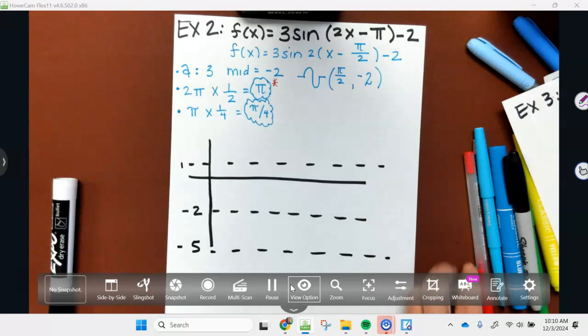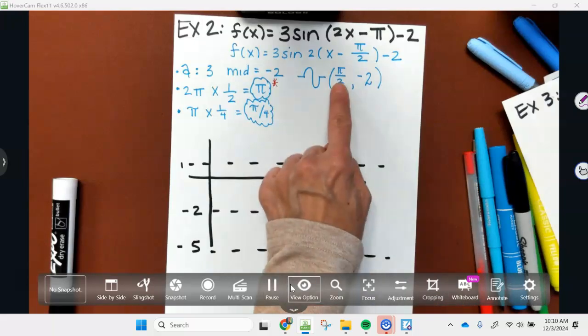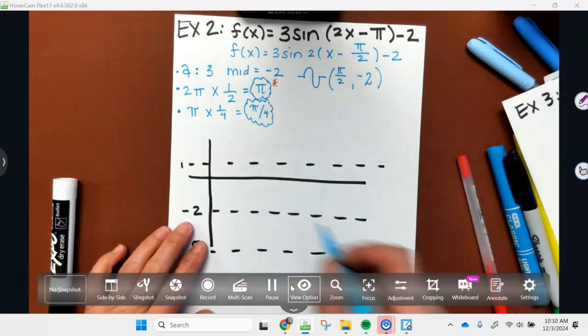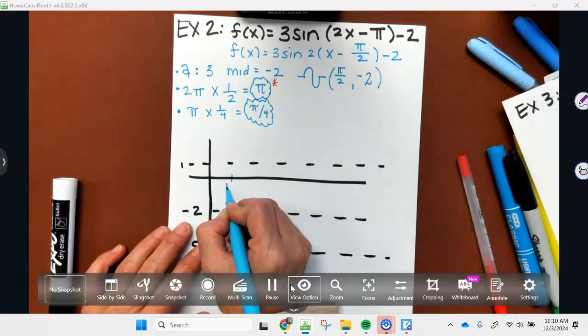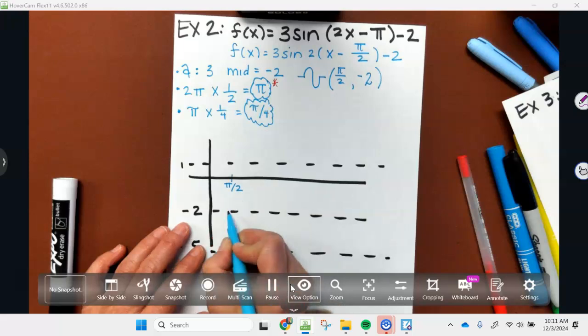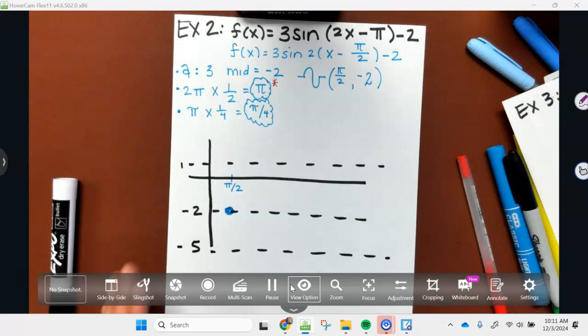Right. I'm ready to start graphing. I also know where it starts. It starts at pi over 2. So I'm going to say right here is pi over 2. And it's a sine graph. It starts in the middle. Boom. There it is. I know the next tick mark is pi over 4 places away.